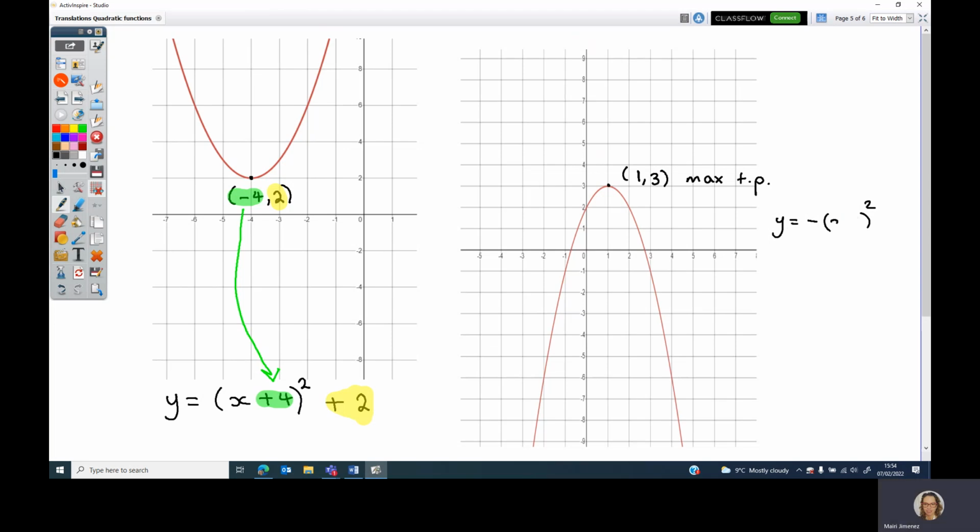So in the bracket we put x subtract 1 because it's the opposite sign. And it's gone up 3, so we put plus 3 at the end. So you see this is number 1, so that becomes negative 1, swap sign. And this number 3 from the coordinate 3 goes here.